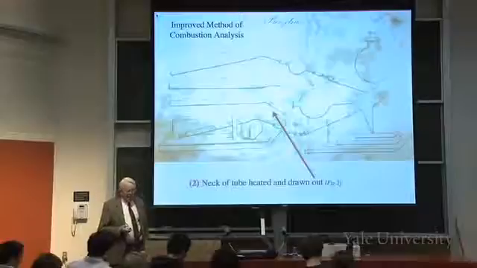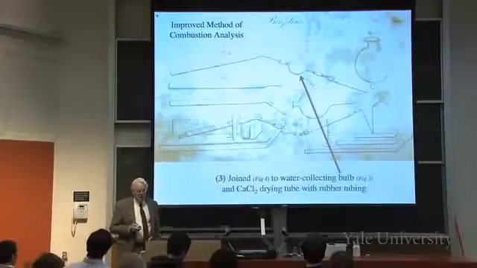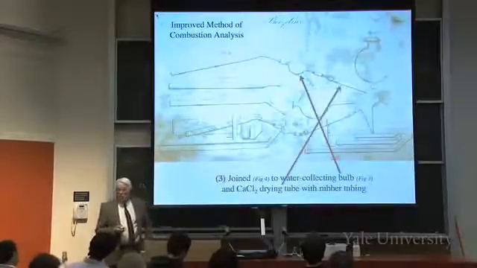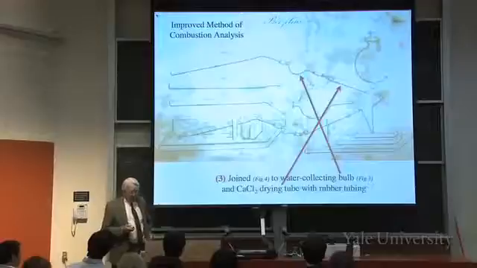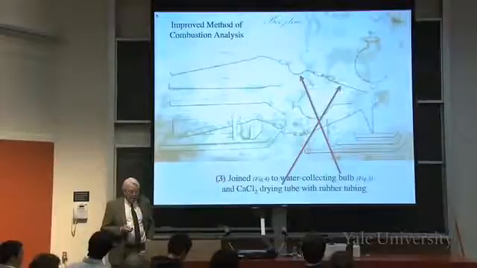Then he heated up the neck and drew it out, and plugged it into that bulb on the right. So he joined it to that bulb, which would serve for collecting water, which is a combustion product, and a calcium chloride drying tube, which would get the rest of the water that didn't condense in the bulb. Okay.